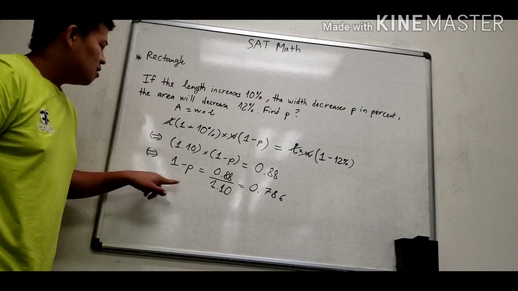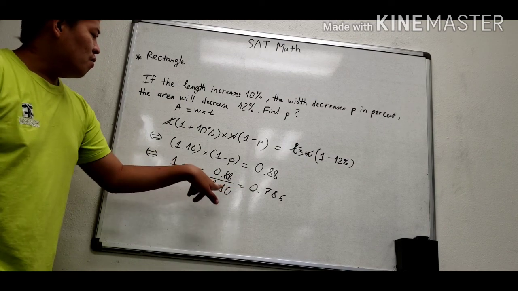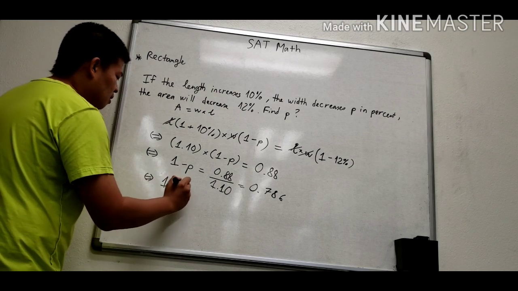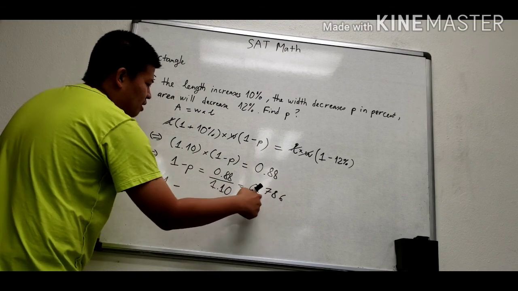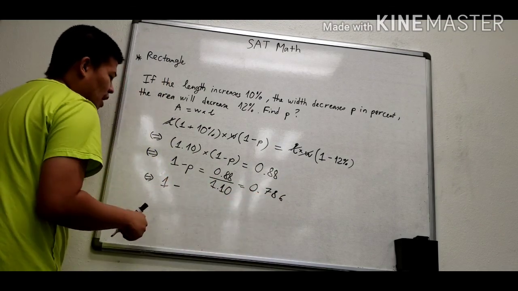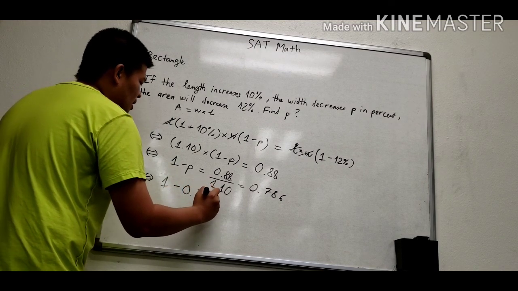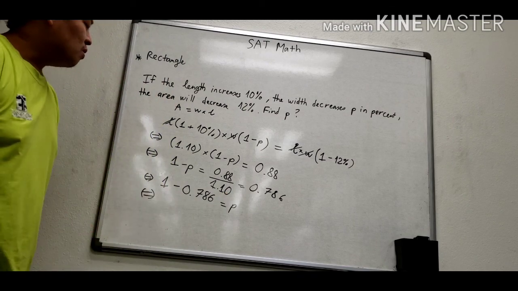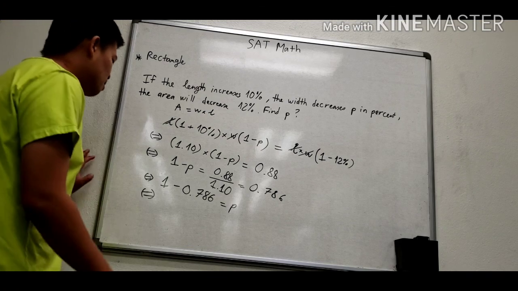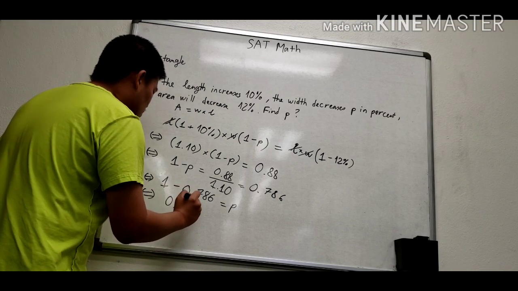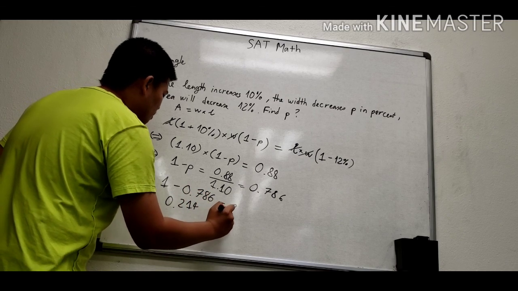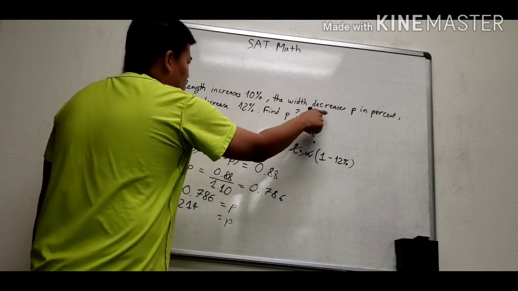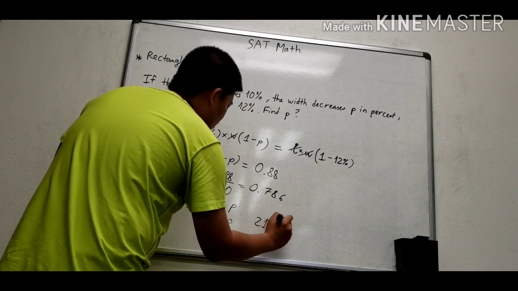0.786. So after we have the value, you move p to the right and 0.786 goes to the left, so that you get 0.786 equal to p. 1 minus 0.786 becomes 0.214 for p. So you can conclude that the width decreased by 21.4%.